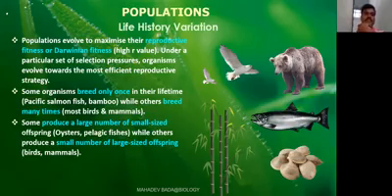So it also says populations evolved to maximize their reproductive fitness or Darwinian fitness. They become more fit to survive. Under a particular set of selection pressure, organisms evolve towards the most efficient reproductive strategy. They have a more efficient reproductive strategy to struggle.